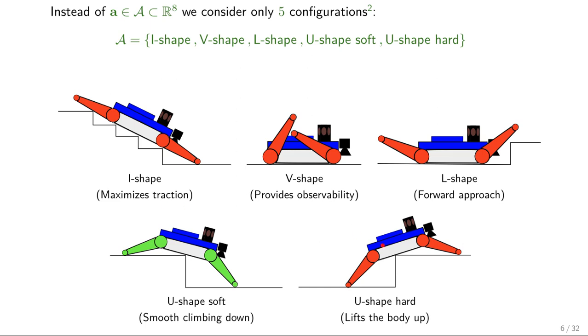And this green versus red is you can set the motors into a compliant mode. That means that if there is resistance, they would sort of give way to that resistance. So they will behave softly, which could be good, for example, for smooth climbing down. So you can discretize the action space in such a manner, for example.